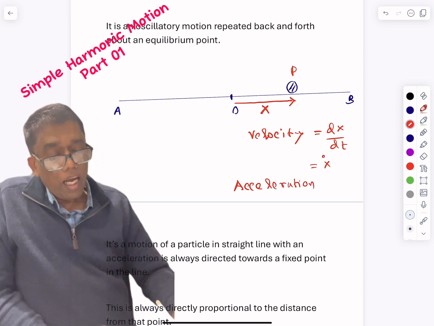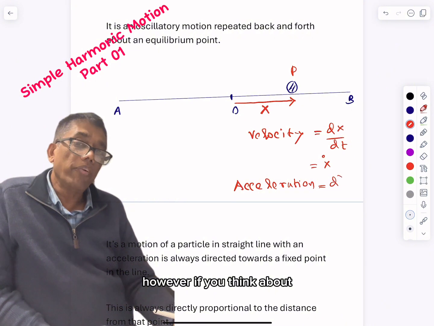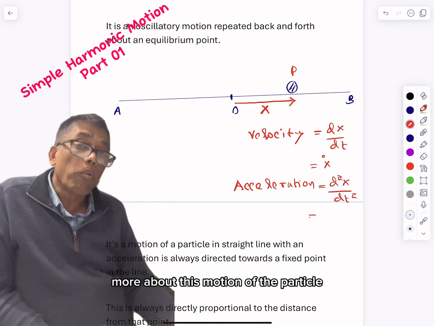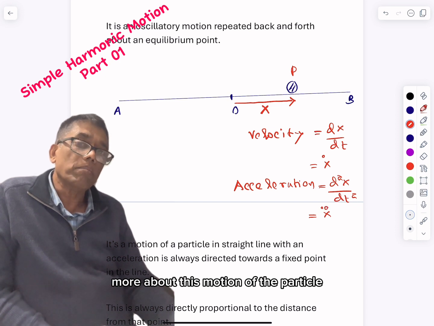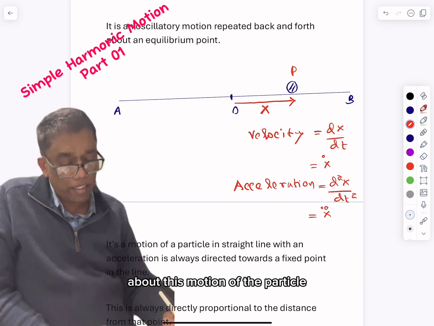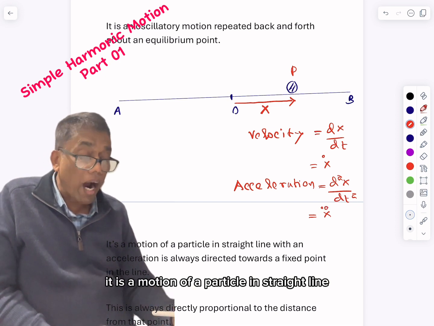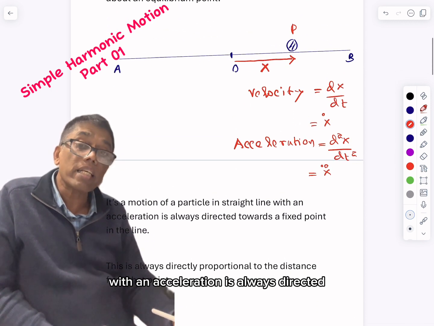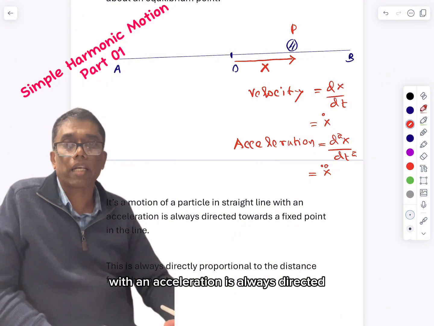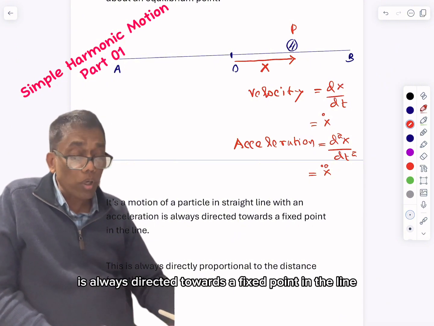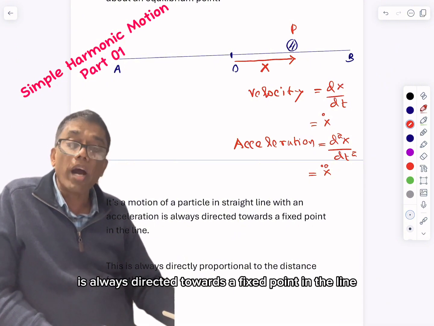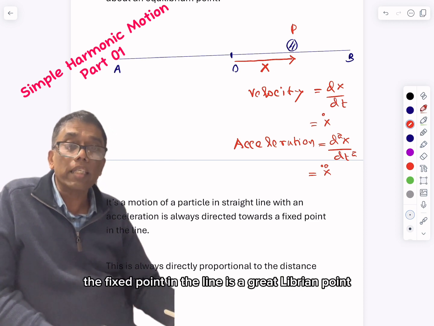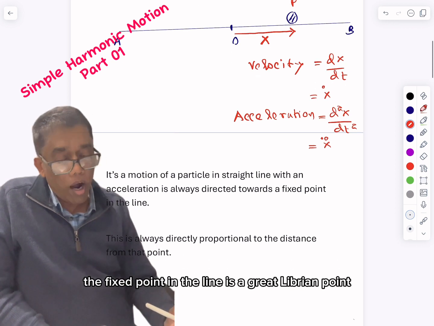However, if we think more about this motion, it is a motion of a particle in a straight line with an acceleration that is always directed towards a fixed point in the line. Actually, the fixed point in the line is the equilibrium point.